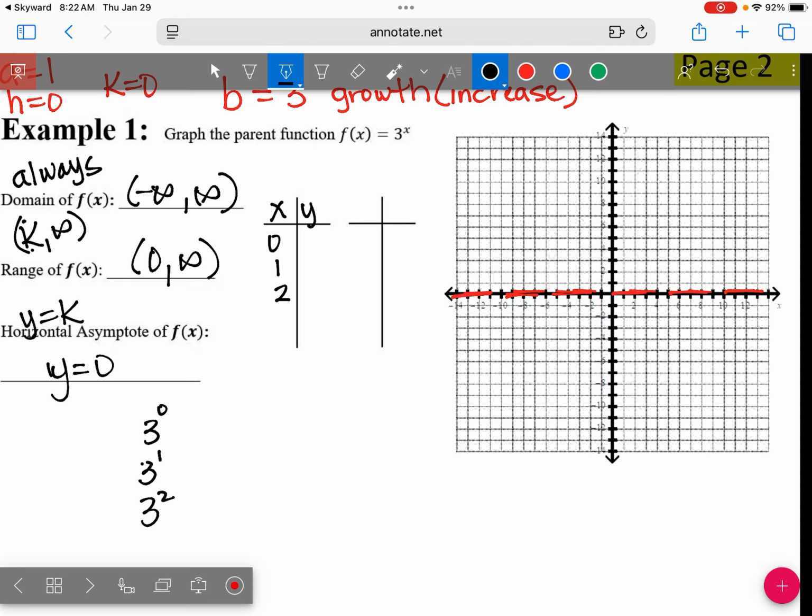Anybody need help putting in an exponent? It's the little upside down caret key that's under the pi sign. That's how you change the exponent. So 3 caret 0, 3 caret 1, 3 caret 2.